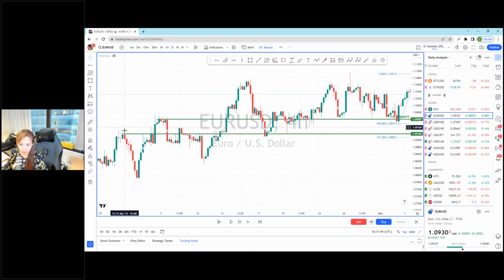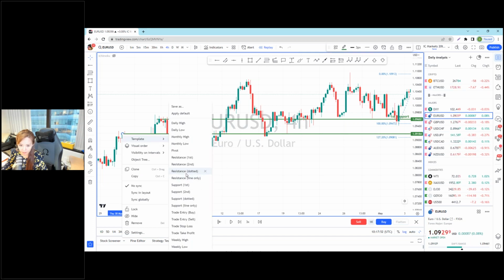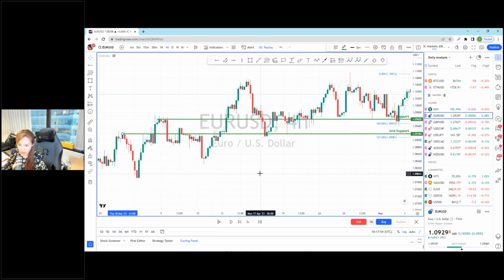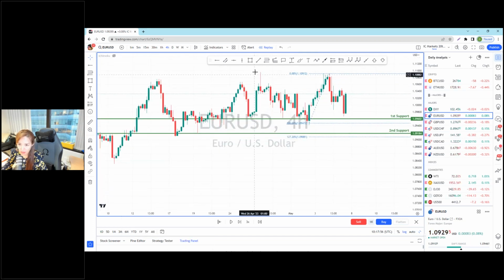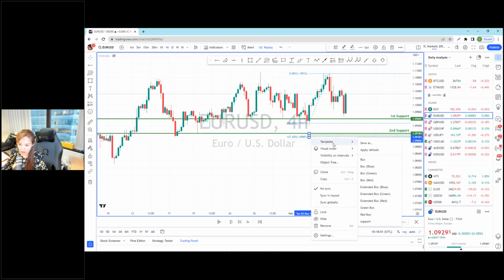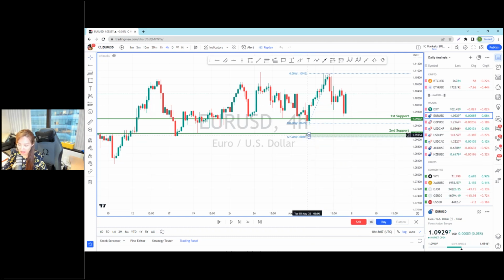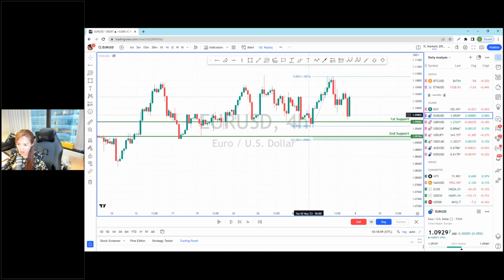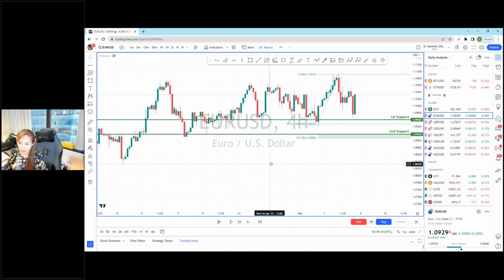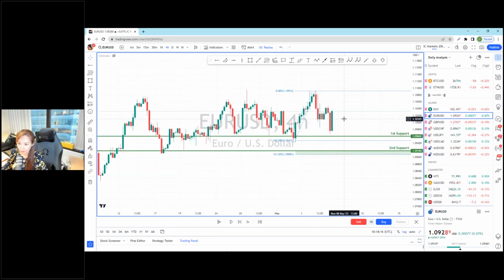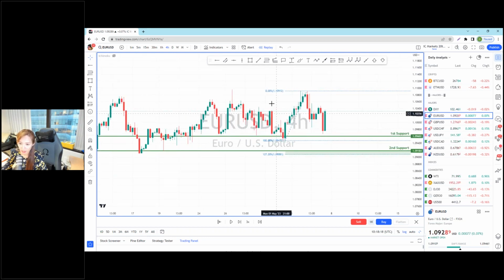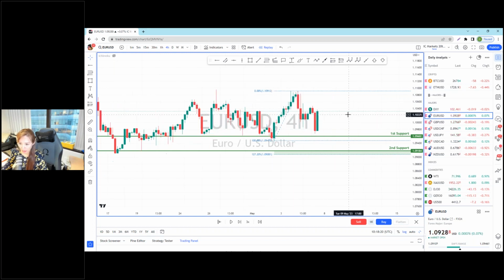Now this is my second support, where I have the Fibonacci extension, 127.2%. This is my second support and the area that I will watch out for. If the price breaks above the first support, this is my second support that I may consider to buy.